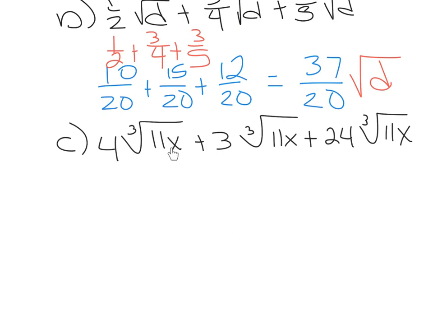Again, you can only add them if they have the same radical. And since these are all cubed roots of 11x, we're going to add them by just adding the coefficients in front. All right, 4 plus 3 is 7. 7 plus 24 is 31. So this becomes 31 times the cubed root of 11x.